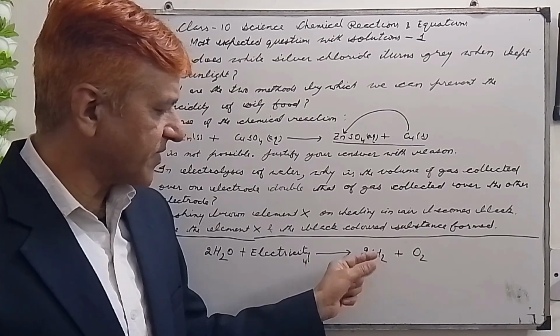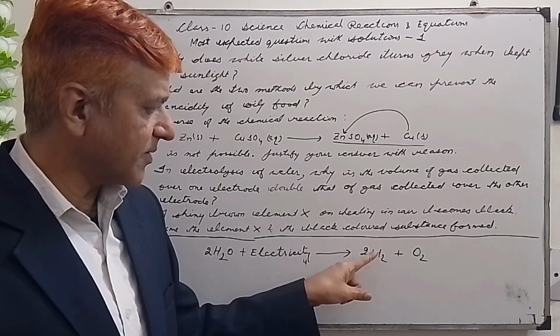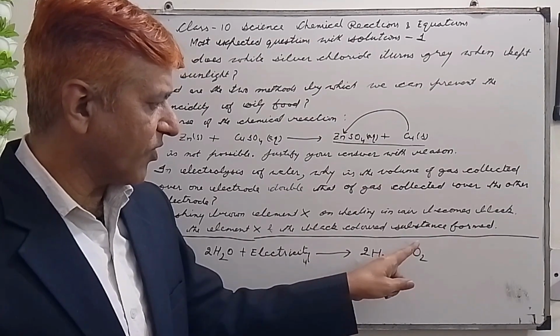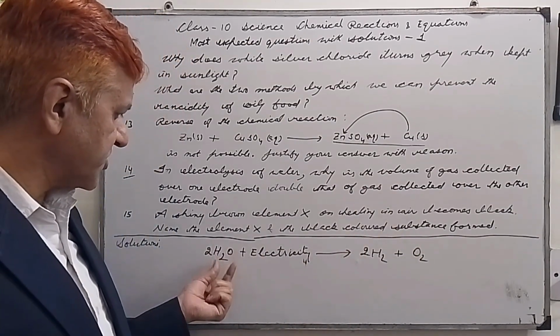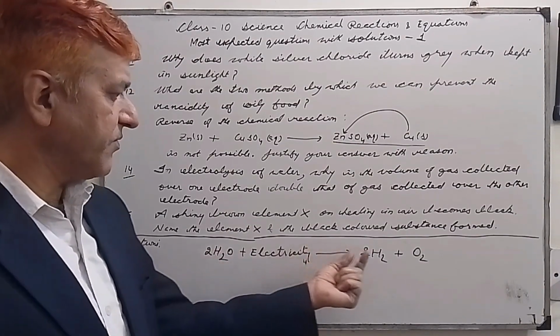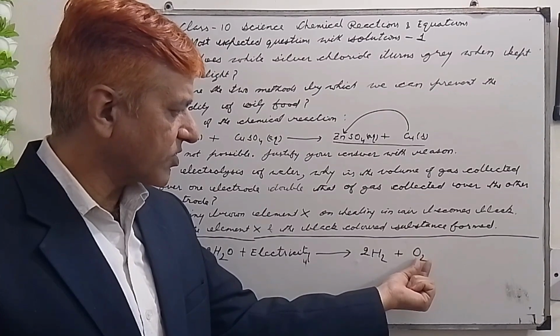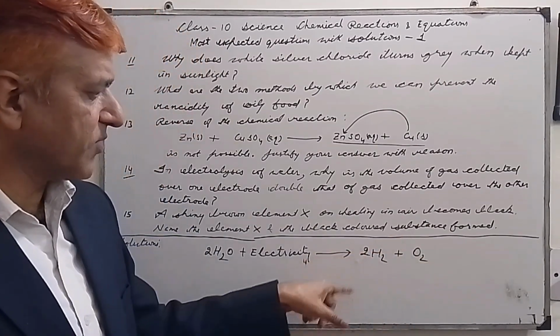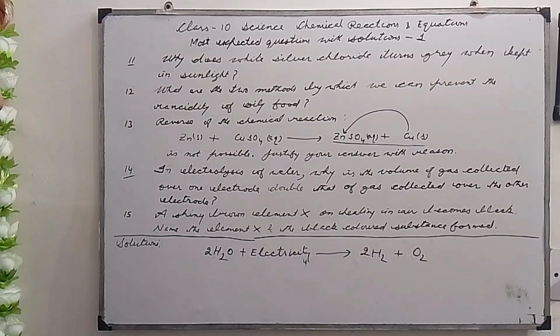That is why the volume of hydrogen gas is double the volume of oxygen gas.